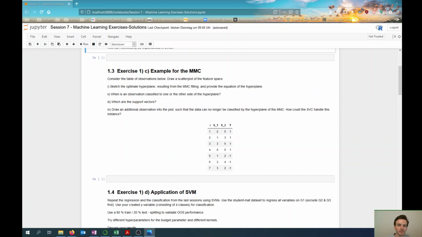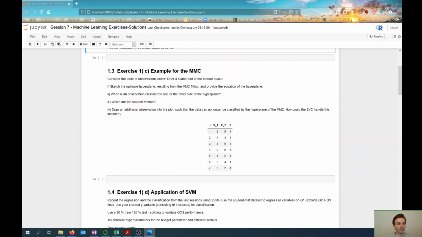I hope that you didn't misunderstand this exercise, because it could be very easily misinterpreted. You should not calculate the parameters by hand themselves.